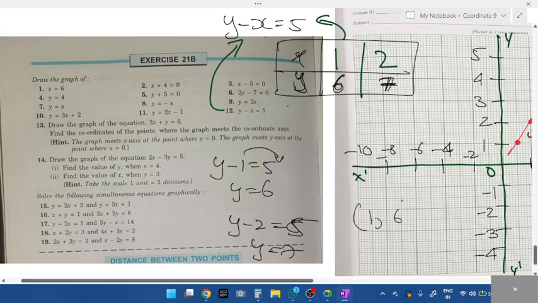First coordinate 1 comma 6, then take 2 comma 7, you'll get a line. If there are two variables, take 2 points, students. Take 2 points and solve. If there's only one variable, 1 point.